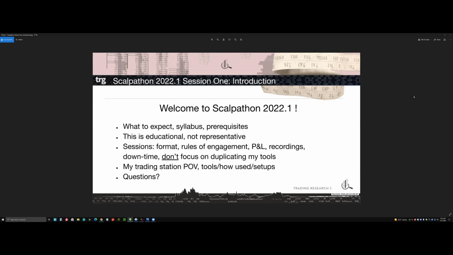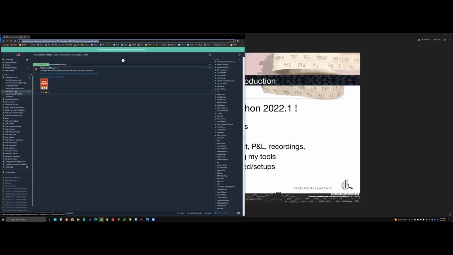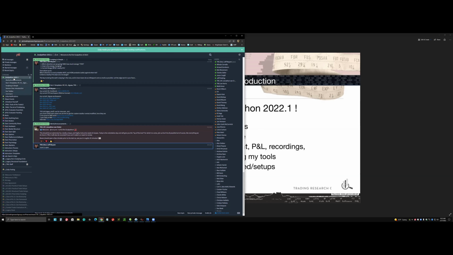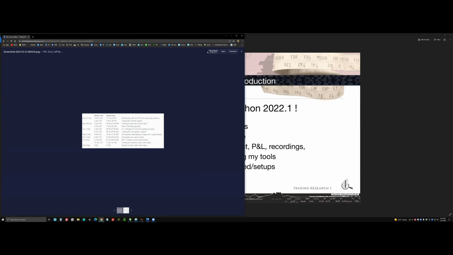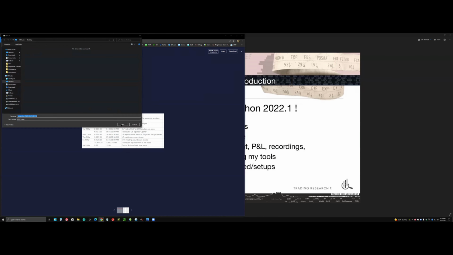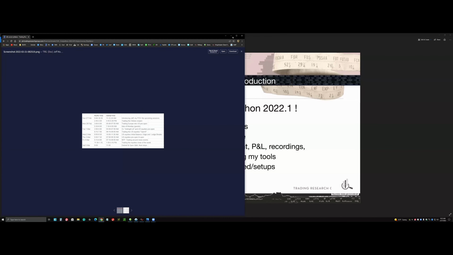Okay, let's see. The format. Let's talk about this one. So for the sessions, you know what? That's a good time to bring up this other document. So in the stream, I put up, let's see, where is it? Syllabus. Okay, hang on a second. Make this easier so we don't have to look at it in that browser. Give me one more second.